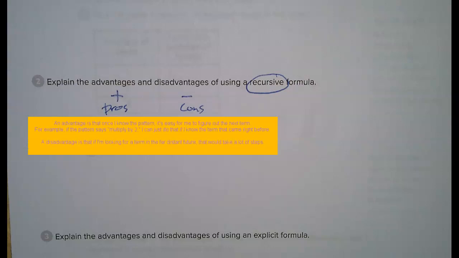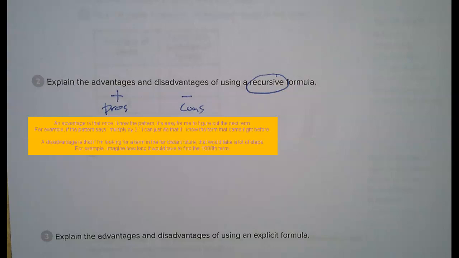Okay, so for example, imagine how long it would take to find the 1000th term, because you'd have to go through this process 1,000 times. So that is a big disadvantage of the recursive formula.